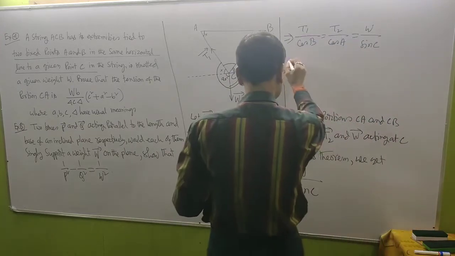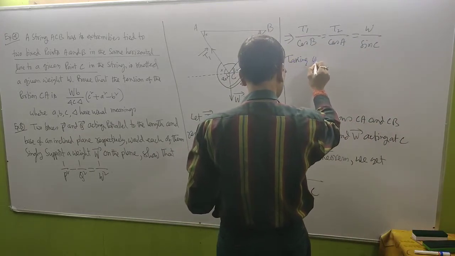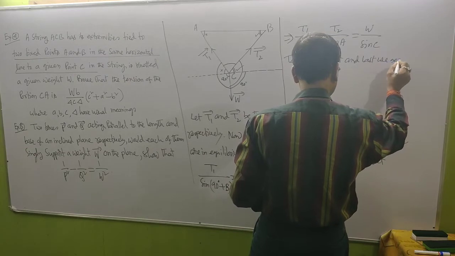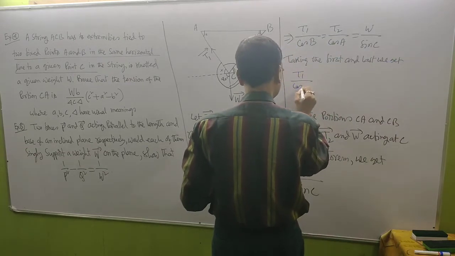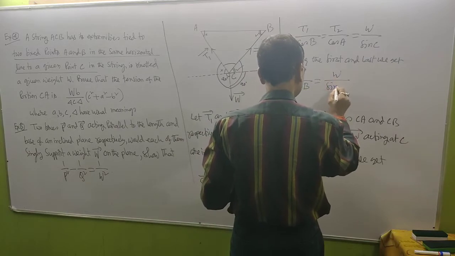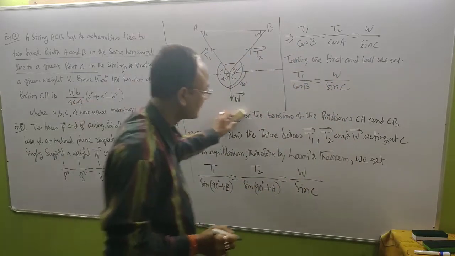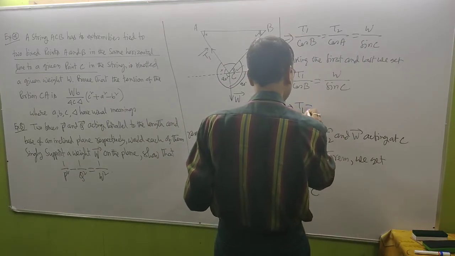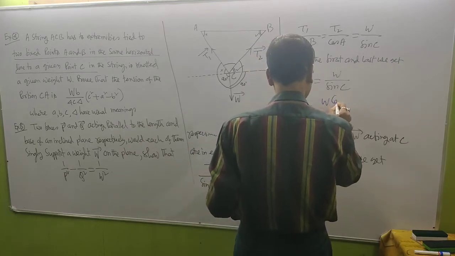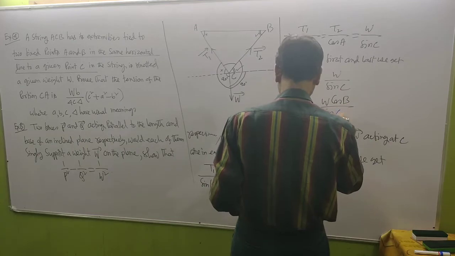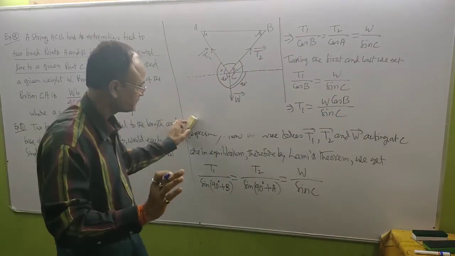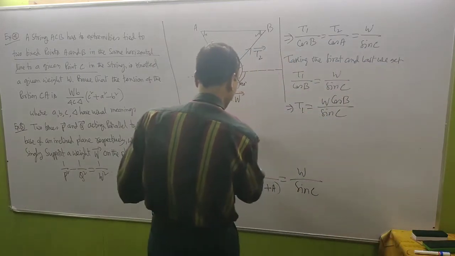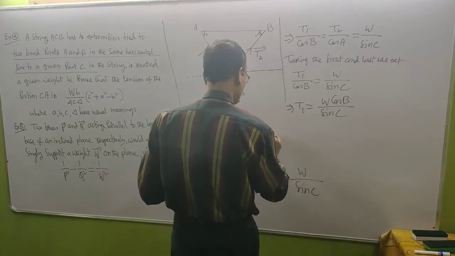Taking the first and last, we get T1 divided by cos B equal to W by sin C. Now, this means T1 equals W cos B divided by sin C. This means T1 equal to W.